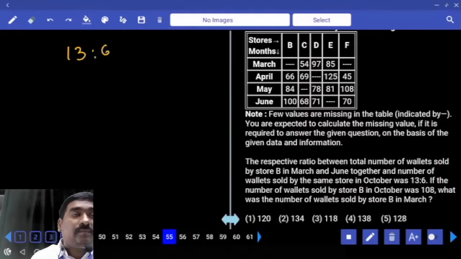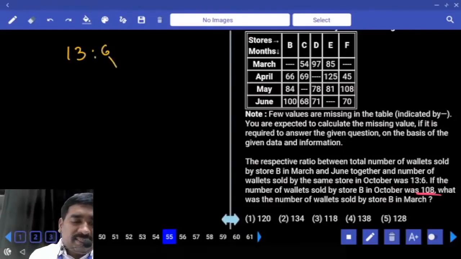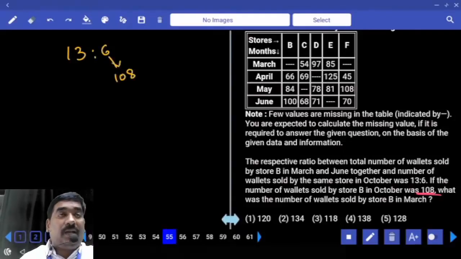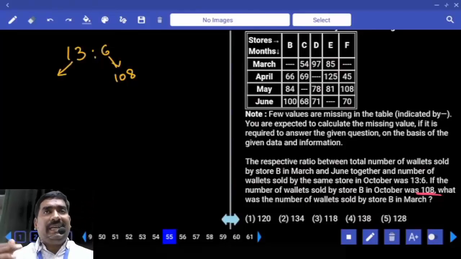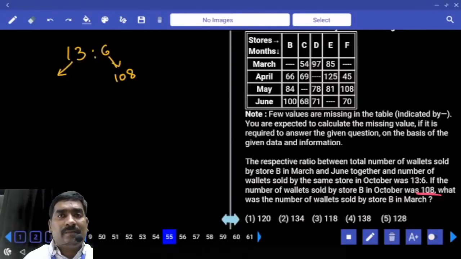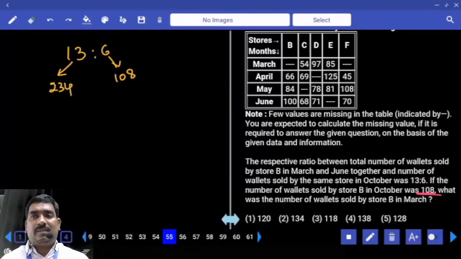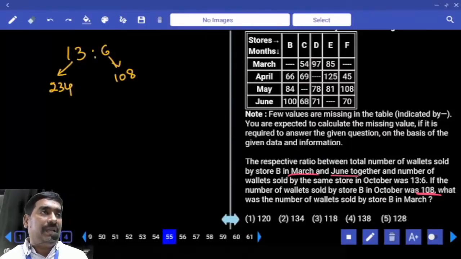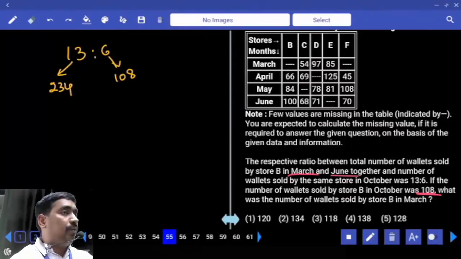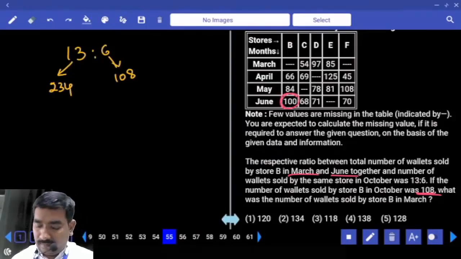They are in a 13:6 ratio. In October, 6 parts' value is given as 108. 6 parts' value is 108, so 1 part's value is 18. Then 13 parts' value is 13 times 18, which is 234. So 234 is the total in March and June together by store B. In the table, store B's June value is already given as 100.